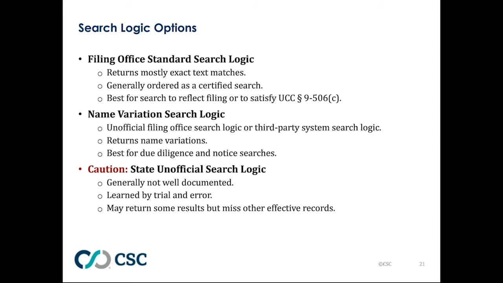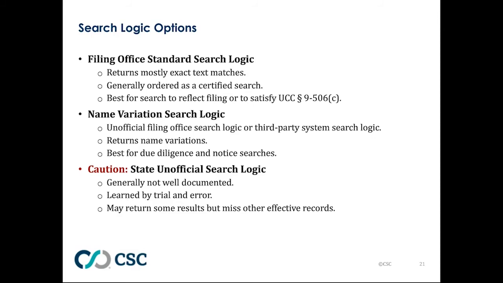And this is all fine, at least for informational purposes. But for reliance purposes, it does carry some risks because state unofficial search logic generally is not well documented. The only way to learn it in many cases is through trial and error. And trial and error is not a good way to conduct a search on which people need to rely.